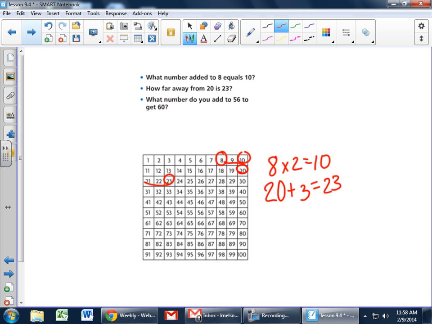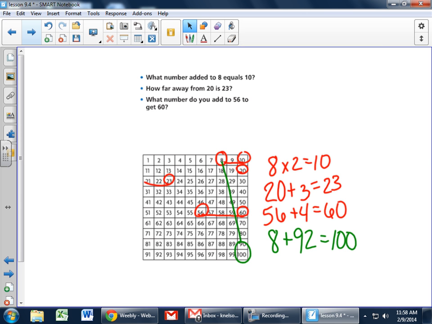And what number do you add to 56 to get to 60? 56 plus 4 equals 60. Well, let's go ahead and look at the one that I read incorrectly. What number added to 8 equals 100? You should be able to go 8 to 100 and know that 8 plus 92 equals 100.